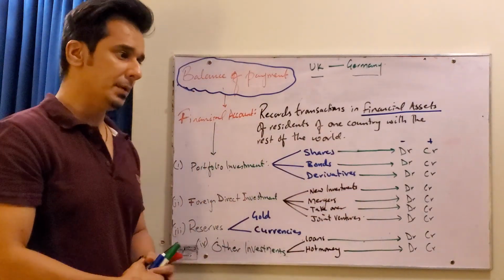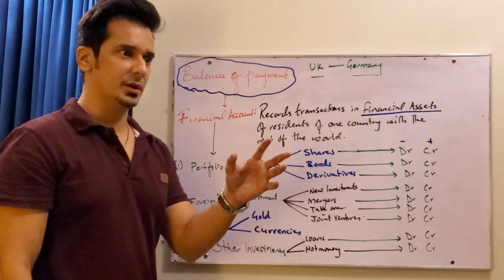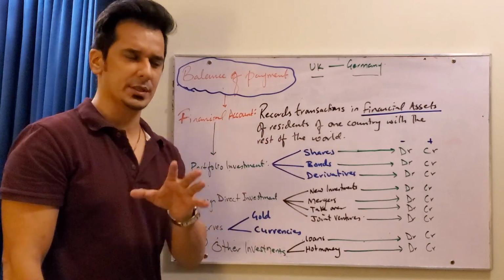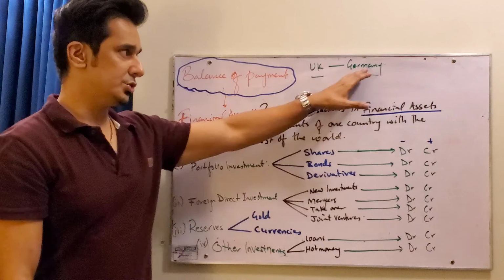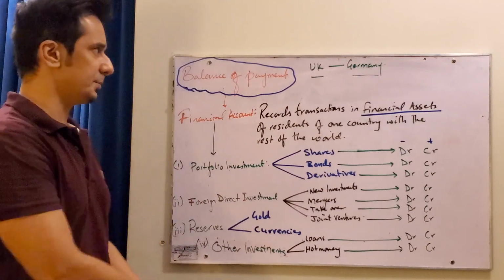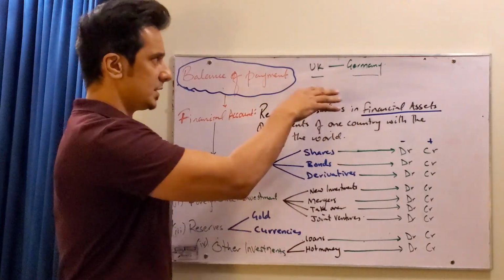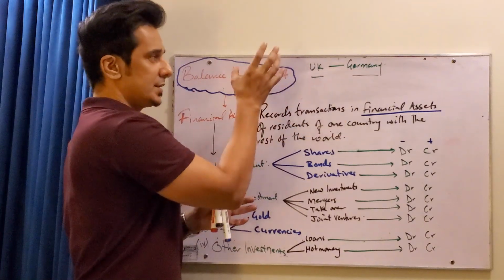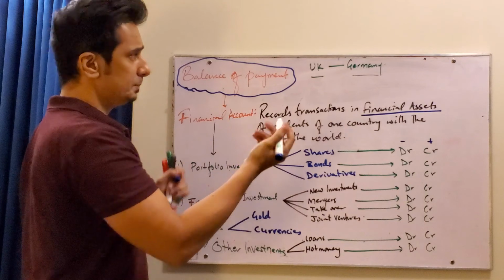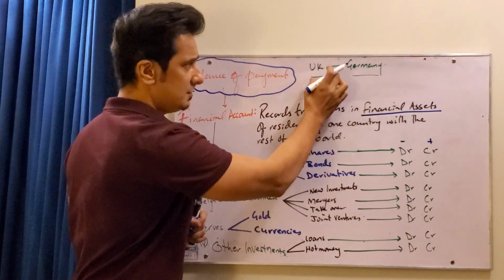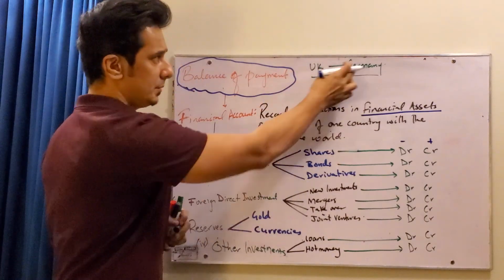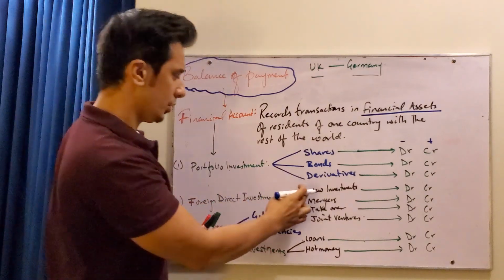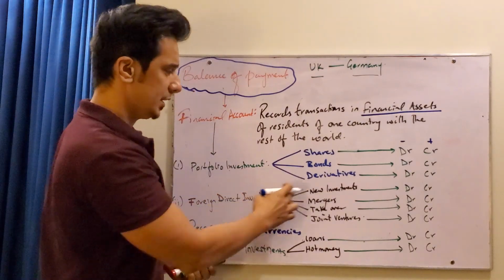For example, let's assume for a second that in Germany they don't have McDonald's. If McDonald's, an American brand, is investing money in Germany, this would be an investment from the US coming into Germany. So this would be recorded in foreign direct investment.